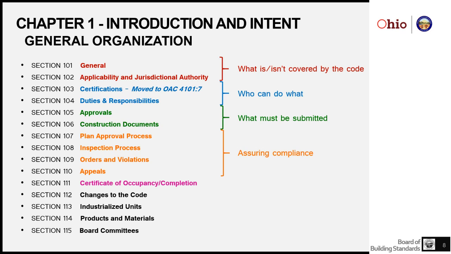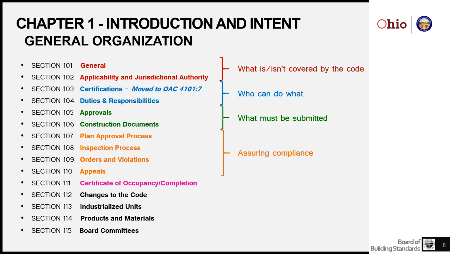So that's about assurance. Now, there's always questions that arise in the design and construction process about, is it code compliant, isn't it code compliant? And there is process in section 109 and 110 about orders and violations and appeals to help resolve those differences.